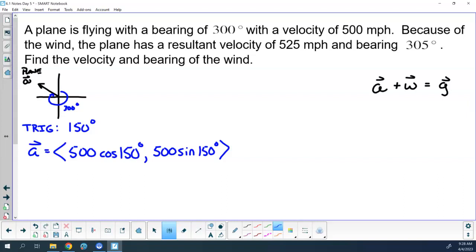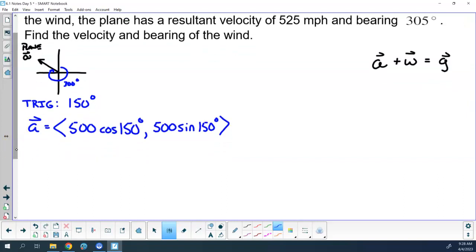Okay? So if I am figuring that out, 150 is on my unit circle. So cosine at 150 is negative root 3 over 2. So then that's going to be negative 250 square roots of 3. Sine at 150 is positive 1/2. So that's going to be comma 250. Agree? Yes.